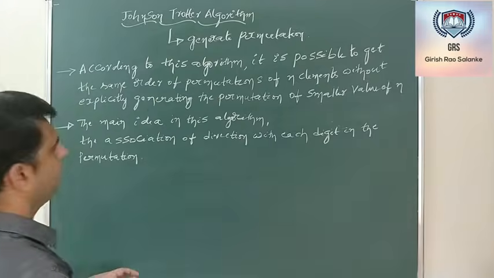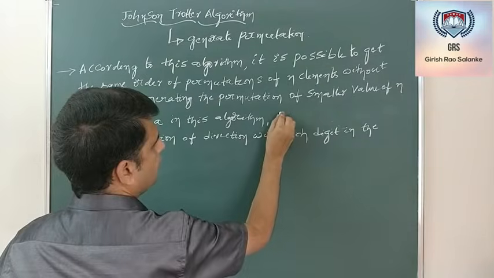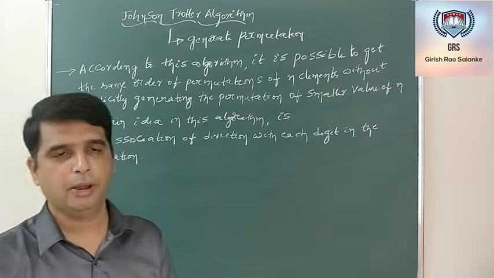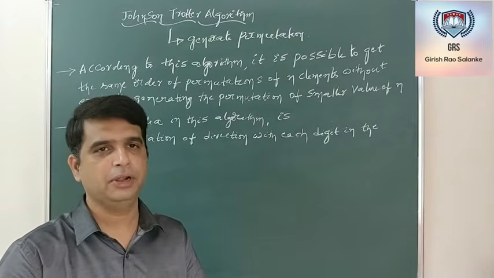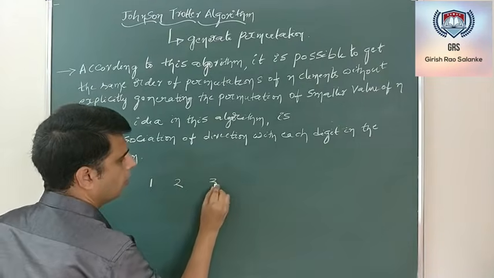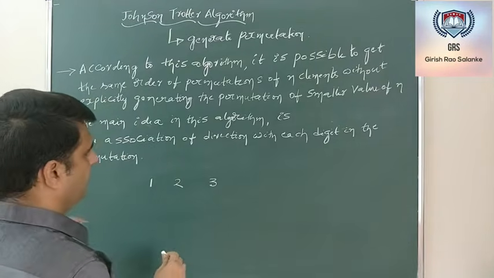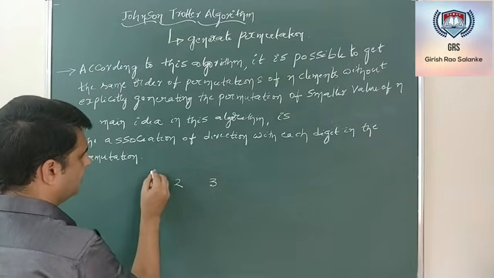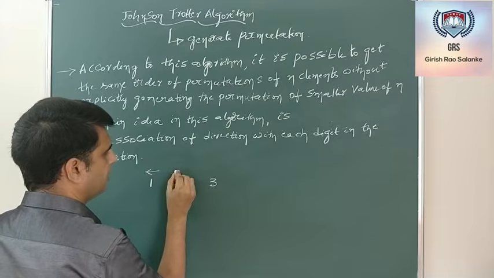The main idea in this algorithm is the association of the direction with each digit in the permutation. Let me take one of the permutations for n equal to 3: 1 2 3. Now we need to associate a direction with each of the digits. Let me associate directions something like this.